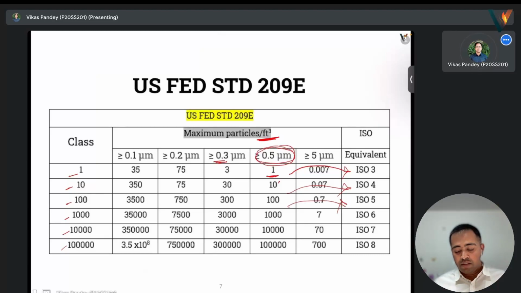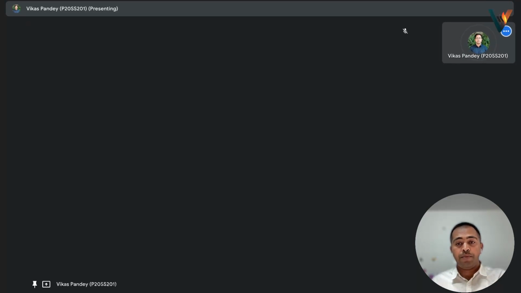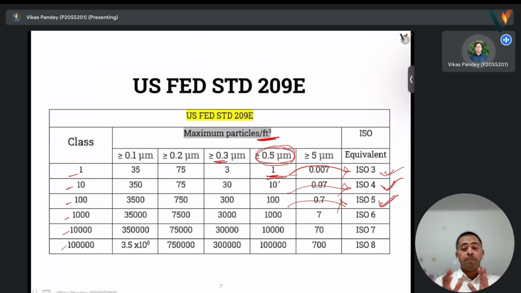Like class 1 is equivalent to ISO 3, class 10 is equivalent to ISO 4, class 100 is equivalent to ISO 5. So how are they related? Let's see what the ISO standard is, then you will be able to understand how they are related.